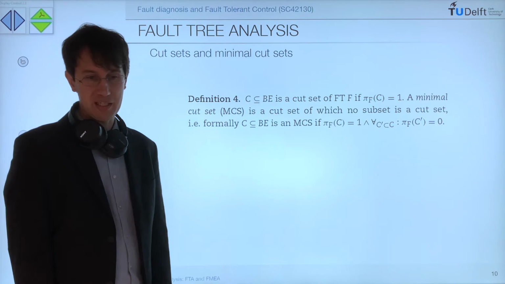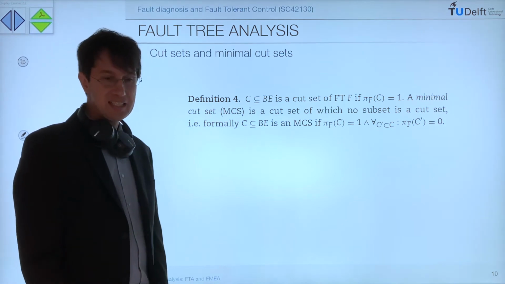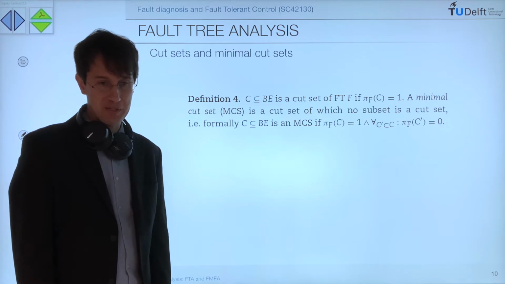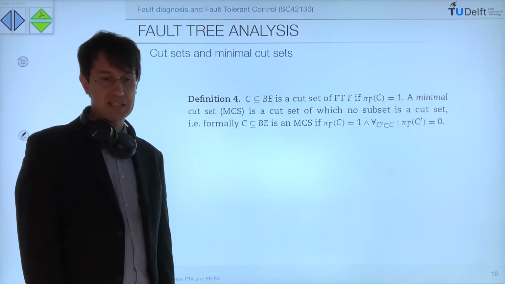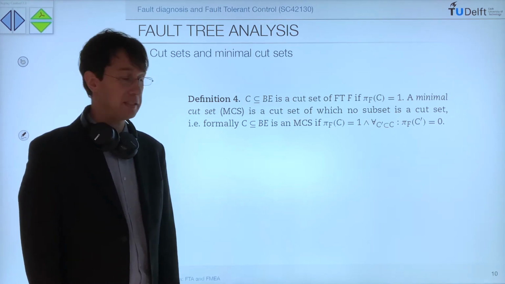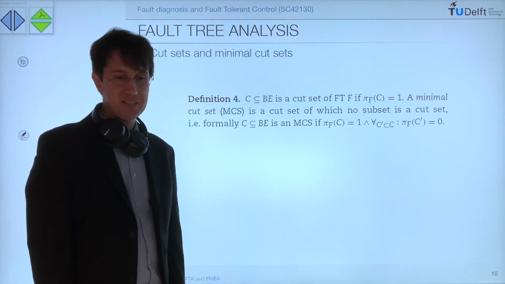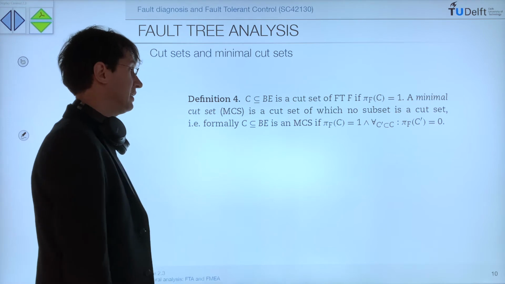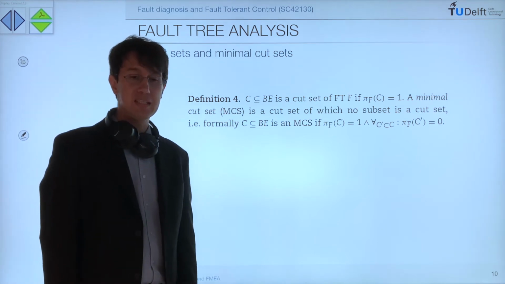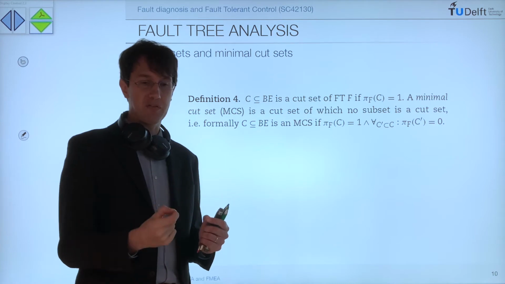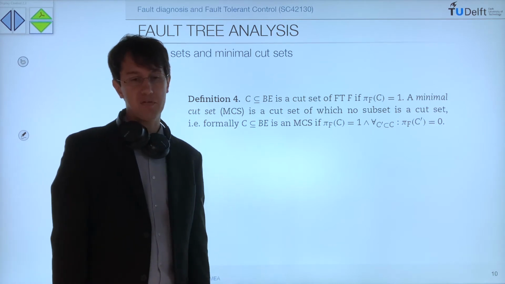Translated to normal language, a cut set is a set of critical components. If they are failed, the system is failed. A minimal cut set is a cut set that is critical in the sense that if you remove at least one component from there, the system is no longer failed.